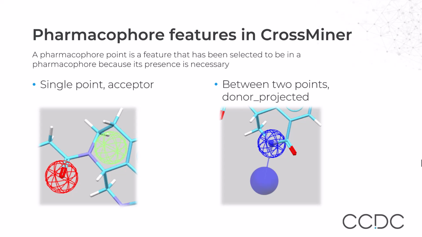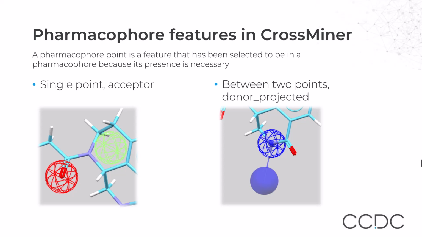So for example, we can see an oxygen here, and all we need is just a single sphere in its radius to describe the position and possible allowed positions of this pharmacophore feature, of this chemical group.